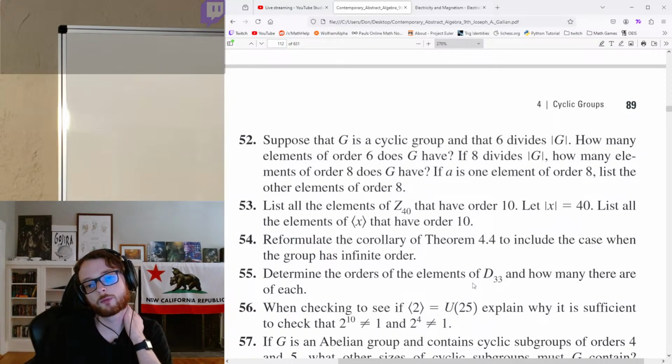Let the order of x^40 list all elements of the group generated by x that have order 40. The order of x^40, isn't that just 1? Isn't that a generator?